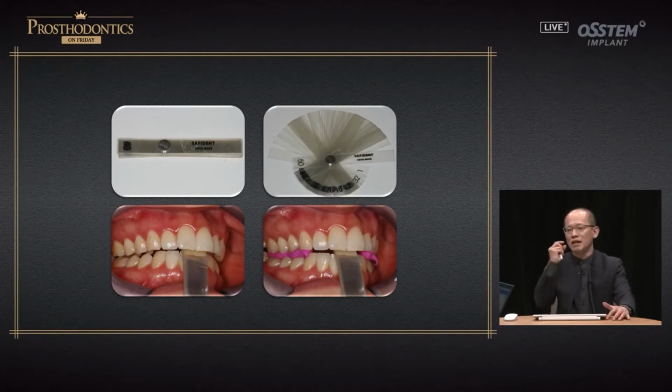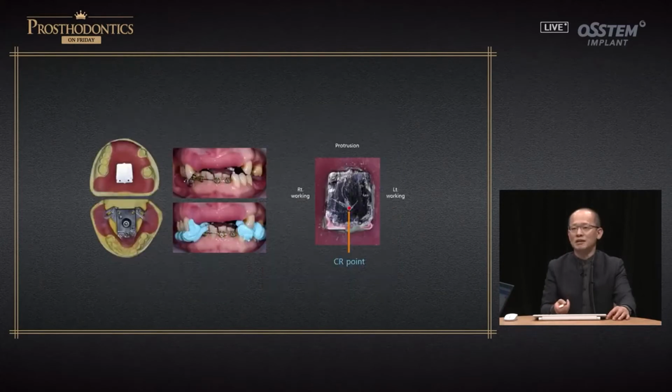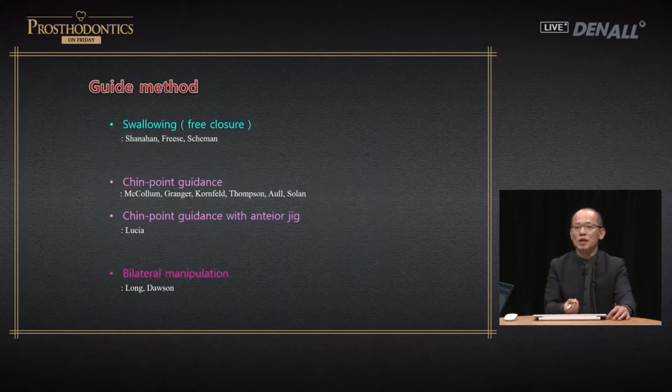Then you have to make it thicker. So leaf gauge-wise, for the deep bite, it's not very useful. So you can use a tracer. It has its own benefits, and using this type of tool is something you need to get comfortable with. But once you get comfortable with it, it's really good.